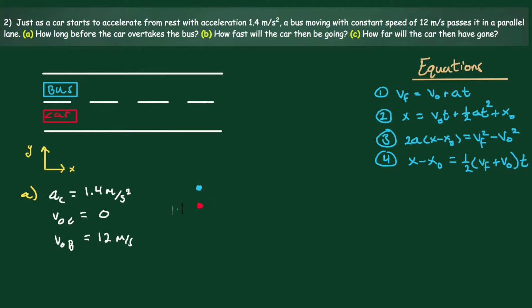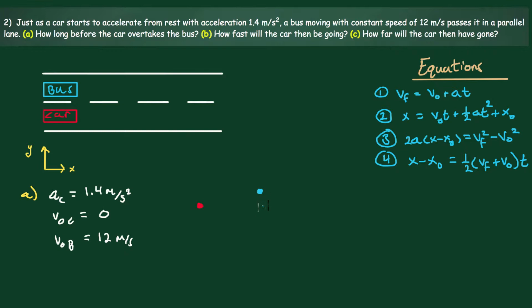So suppose a certain amount of time t passes. After a certain amount of time t, obviously the bus is going to be a certain distance ahead of the car. So maybe after time t, the bus might be here. There's a certain distance between the car over here and the bus over here.